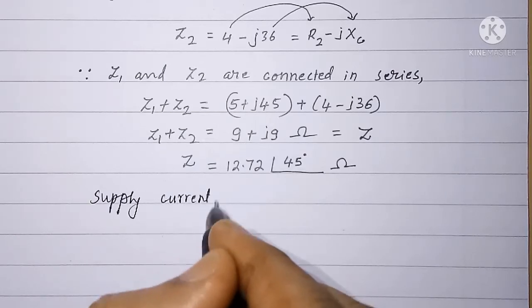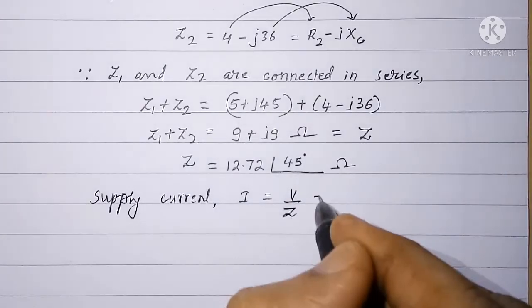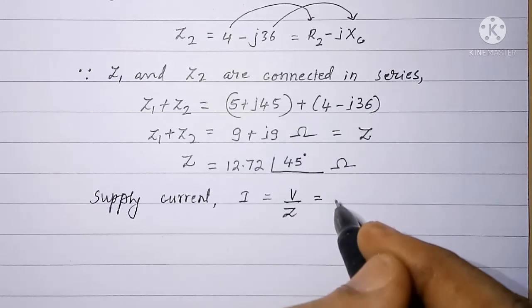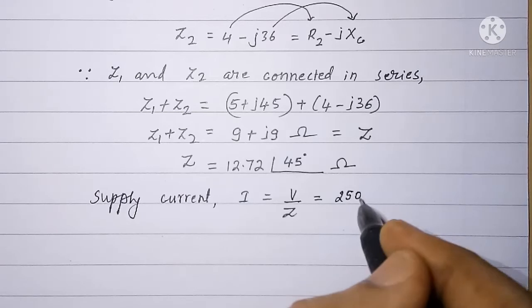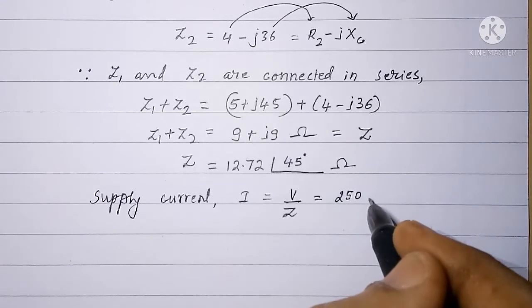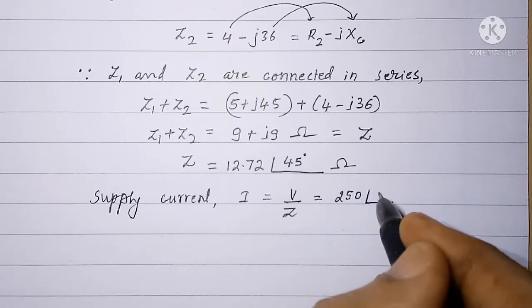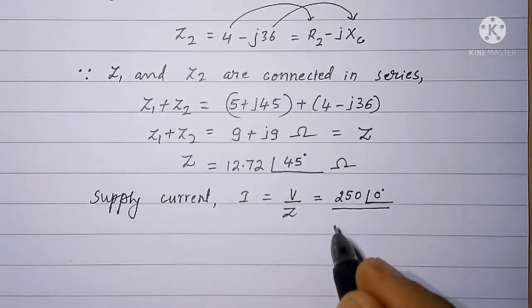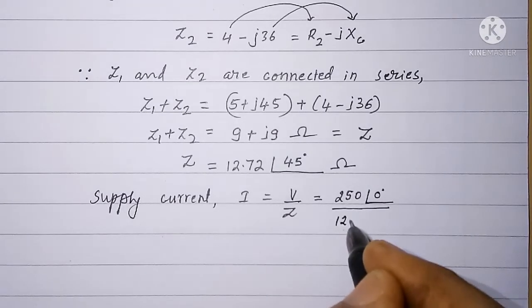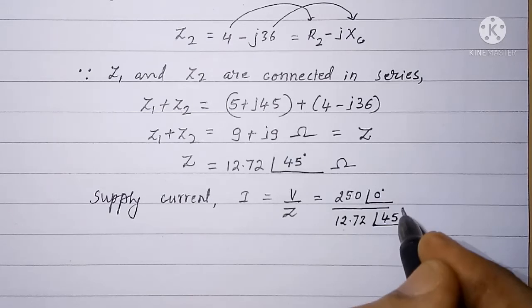Supply current I is equal to V by Z, that is 250. Voltage angle is not given, we will take it as a reference or 0 degree, divided by 12.72 at an angle of 45 degree.